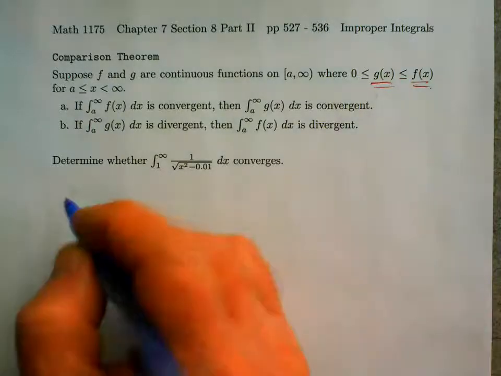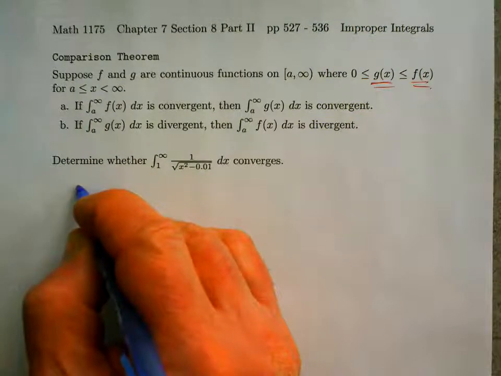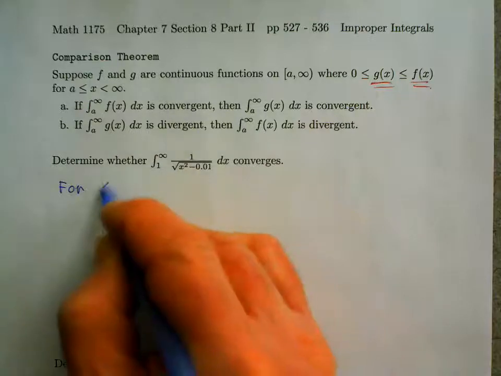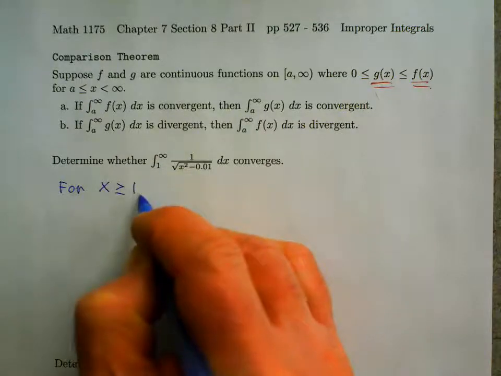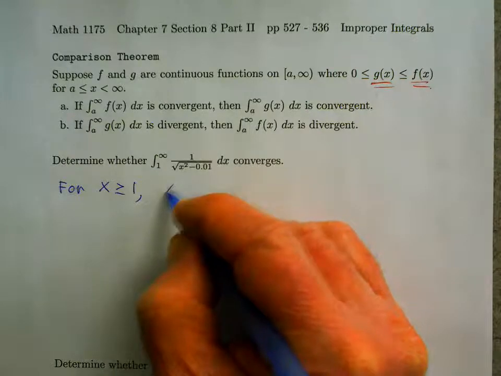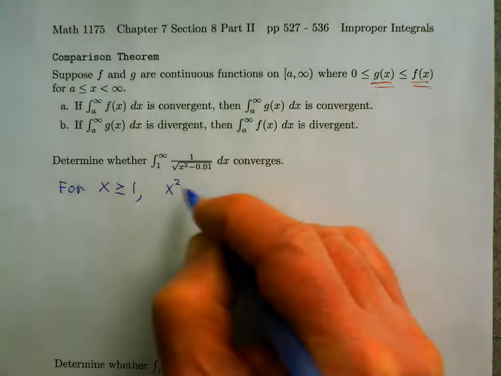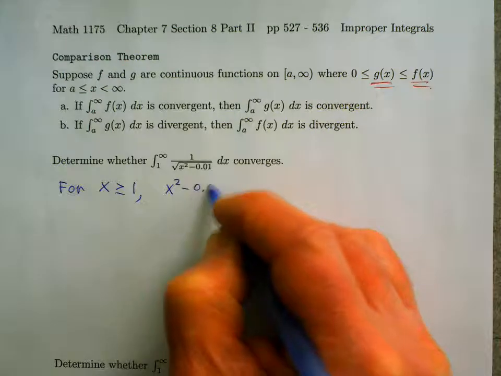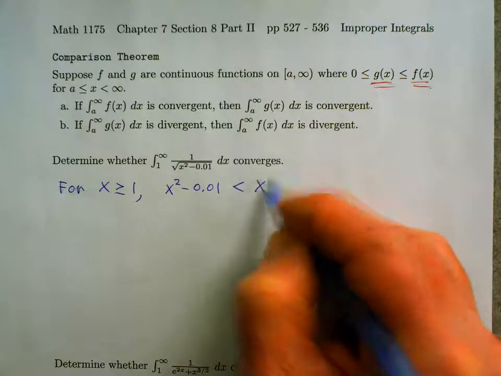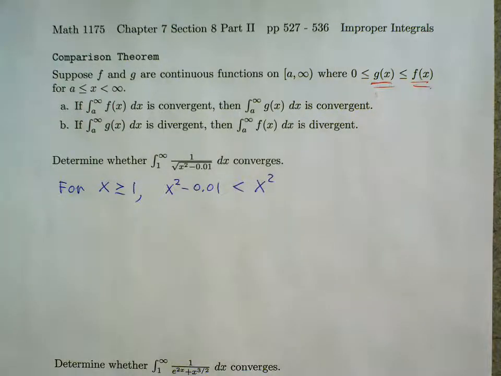Okay, so for x greater than or equal to 1, x squared minus 0.01 is a smaller number than x squared. Do you agree with me? Are we in agreement?